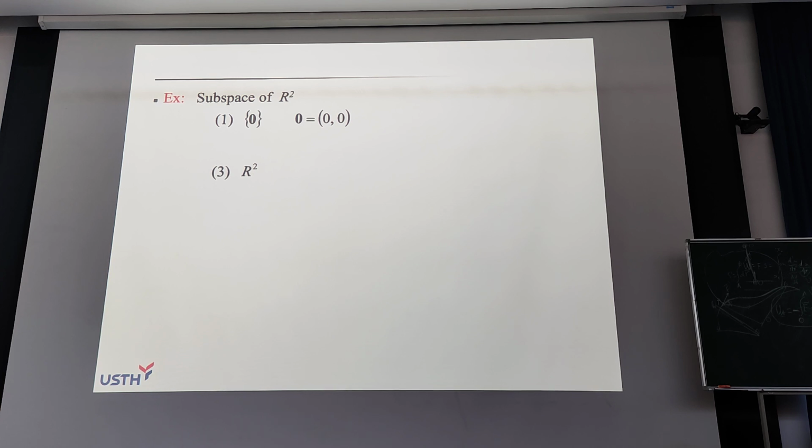So what is in the middle here? In the middle is any straight line going through the origin, which will be a subspace. You can see, if you consider R2 like a coordinate plane, then the origin is the zero vector, which is a subspace, and the whole plane is another subspace, and they are the trivial subspaces.